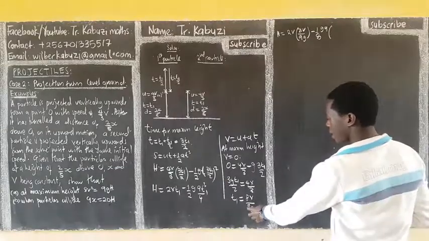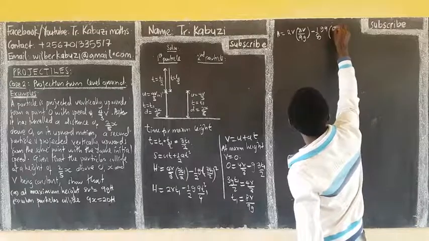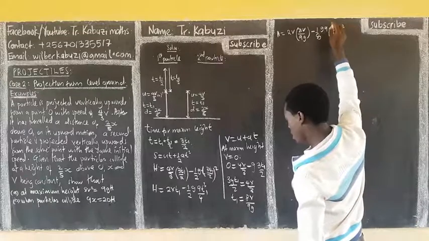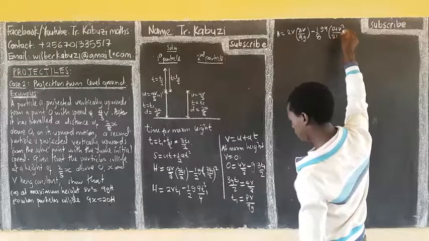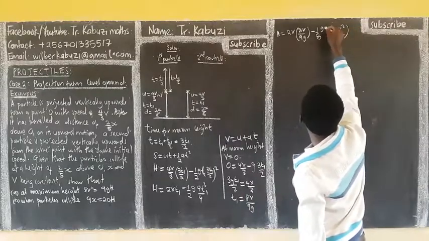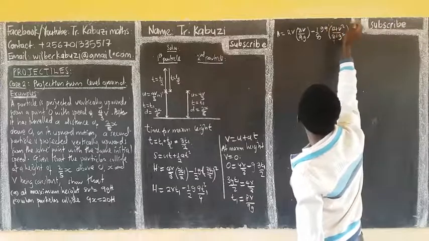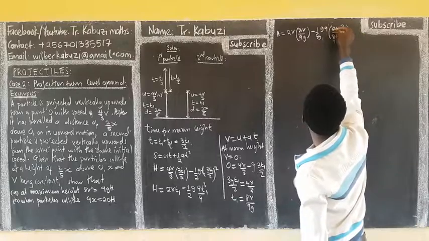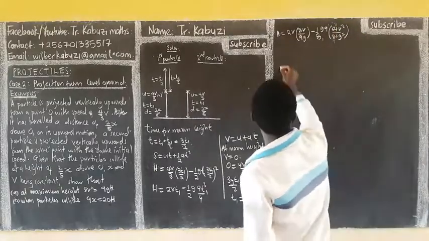Our t squared, we put there, we are going to get 64 v squared over 81 g squared. And you see by this, we are going to get our 9 there. This one is going to cancel with that, and here we are going to get our 8. So that's what happens if you simplify.